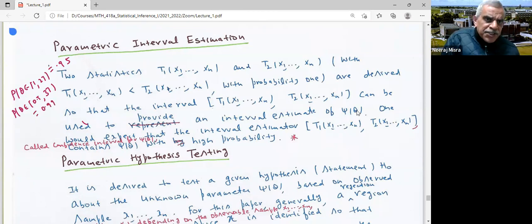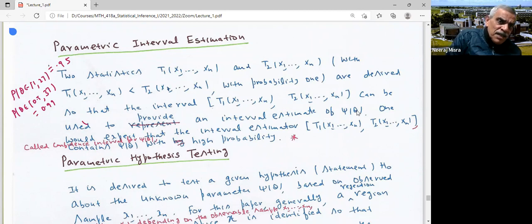So you can see the trade-off here. Confidence is less, but I can estimate theta more precisely, because here I'm saying that theta only lies between 1 and 2. Here confidence is more, but theta is in a larger interval. So here I have lesser information about theta. Here I have more information about theta because I'm saying that theta is concentrated in only 1 to 2. Here I'm saying theta is contained in a much larger interval than this.